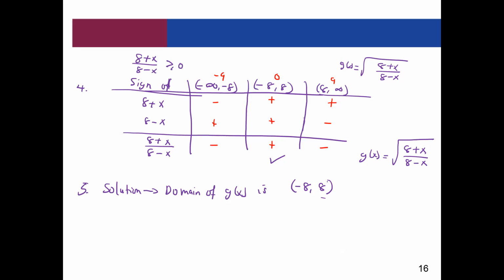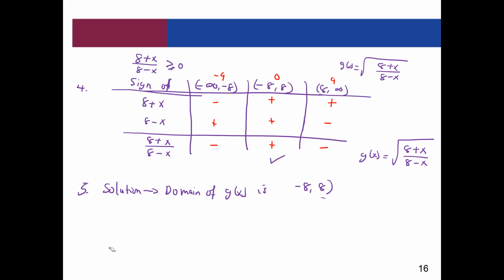So we cannot have a bracket on the +8, even though we have greater than or equal to 0. But if x is equal to -8, you get 8 minus 8, which is 0, over 8 plus 8, that'll be 16. So 0 over 16 is 0, and the square root of 0 is 0. So the actual solution will be what?